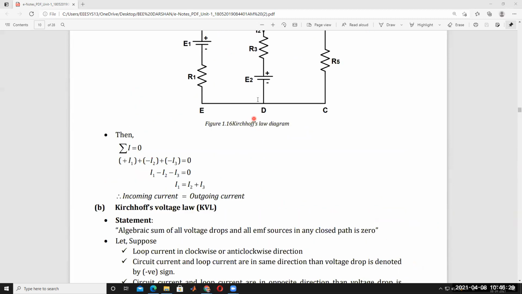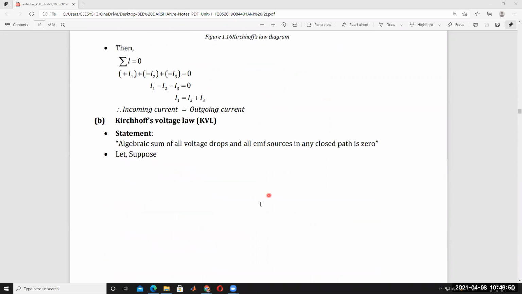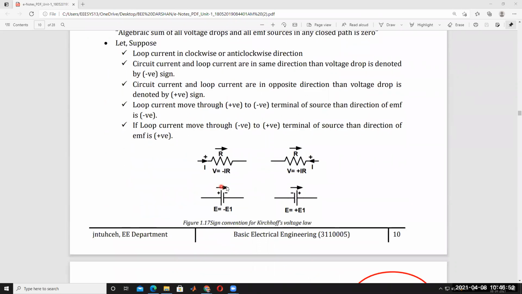Okay. And here, coming to this loop current and branch current. This is called the loop current, or circuit current. So it is in this direction, and this current is also in this direction. So what is the polarity here? When two sources are entering like this, what is the voltage drop here?